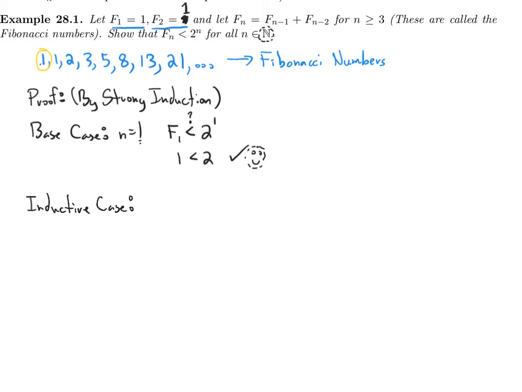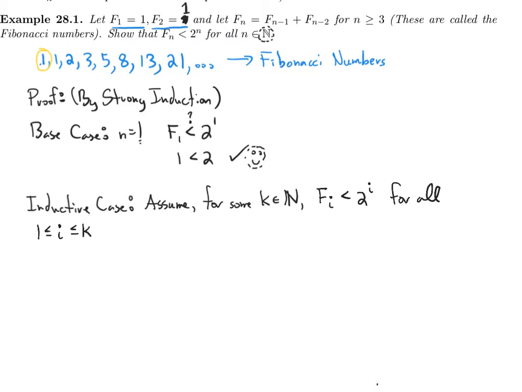Now notice we're going to assume something different. So assume for some k in our domain that indeed Fi is less than 2 to the i, and it's going to be for all i that's between our least element and that element k.